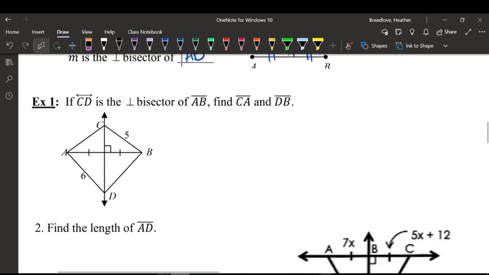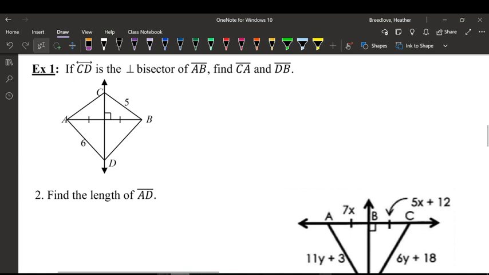So based on those two theorems, or that theorem and its converse, if line CD is the perpendicular bisector of segment AB. All right, so let's look at it. Think about what it's telling us, one little piece at a time. CD is the perpendicular bisector of segment AB.